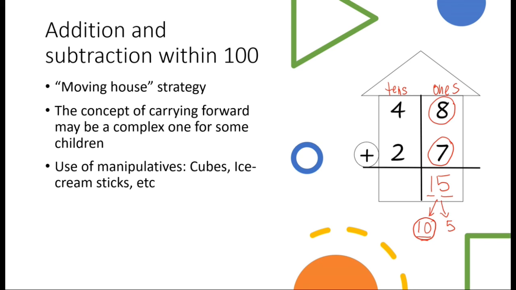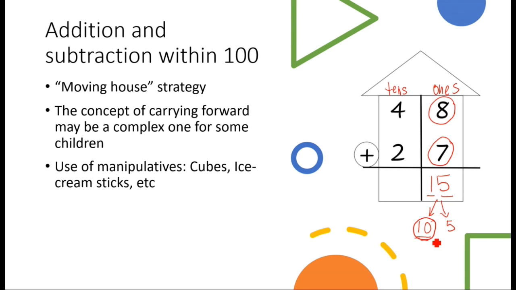Now it brings us to the next question. When the 10 is being carried forward, is it carrying forward the number 10 or the number 1? If you had used the ice cream stick concept to explain to them, they will be able to see that the 15 is made up of one bundle of 10 and 5 individual sticks.